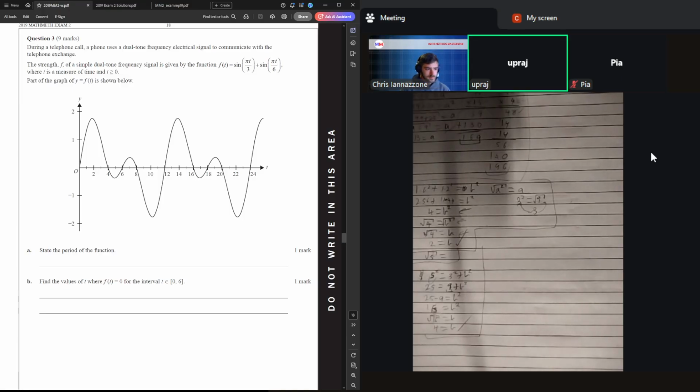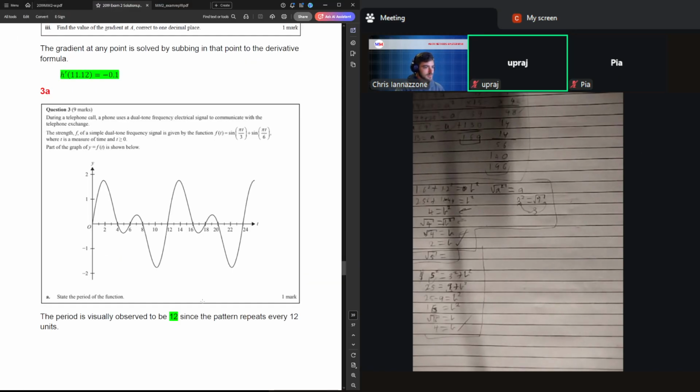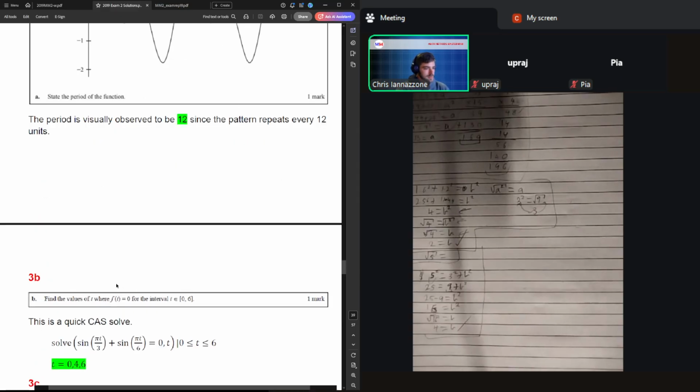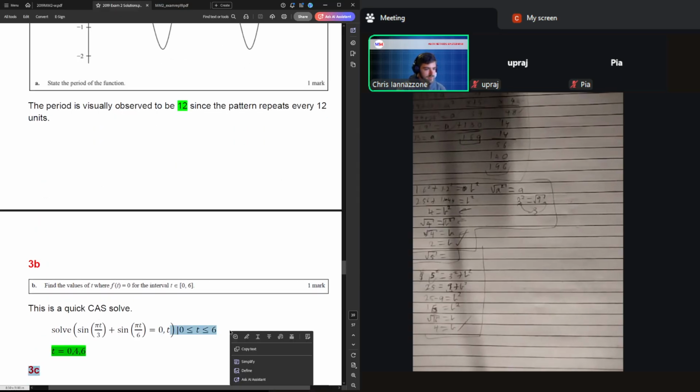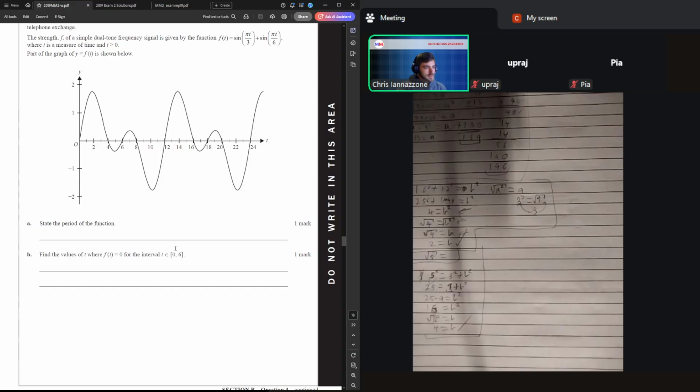Is this just 0, 4, and 6? 0, 4, and 6 is correct. Yeah. Nice and easy CAS solve. Nothing really to it. Just chuck the function, let it equal 0, and set your appropriate domain. Easy.